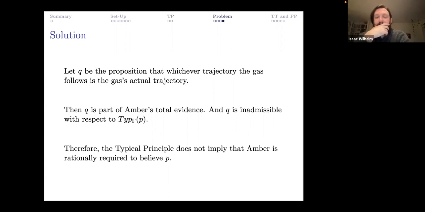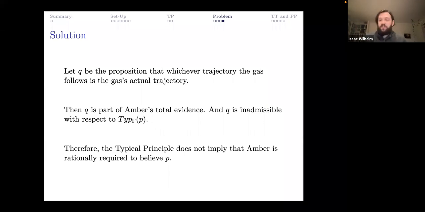But the reason Q is inadmissible, I'm thinking, is that typ_Γ P and Q both invoke things that the laws and the descriptions of the world do not invoke: claims about what's actual, which trajectory is the actual trajectory.